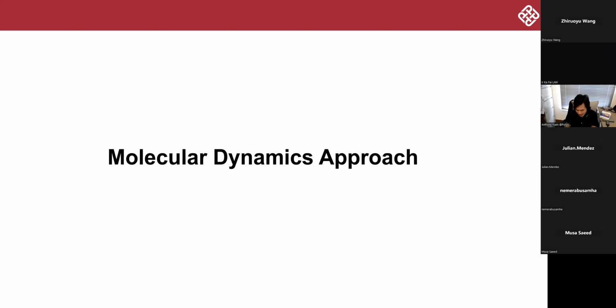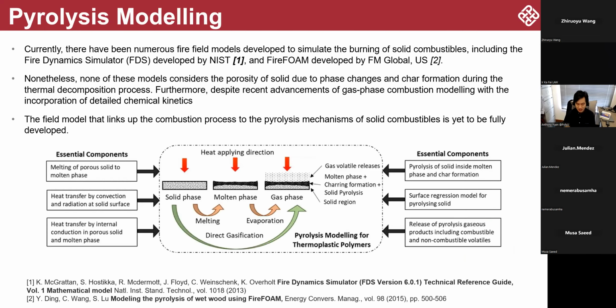So here I would like to introduce you the molecular dynamics approach. The reason we look into this is because we know that, especially for solid combustibles, if we look at this figure alone, sometimes it may burn and then involve two phases.